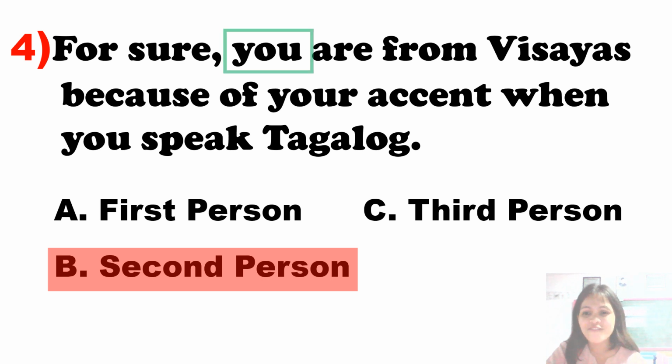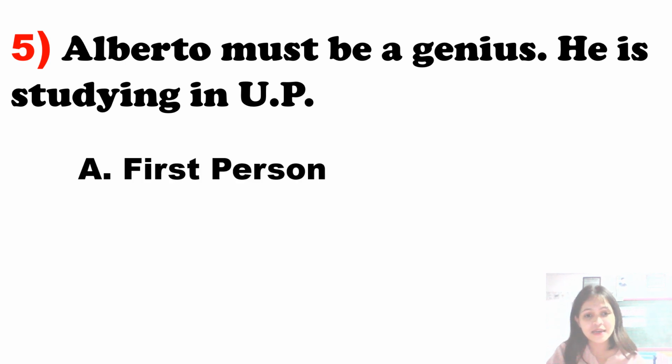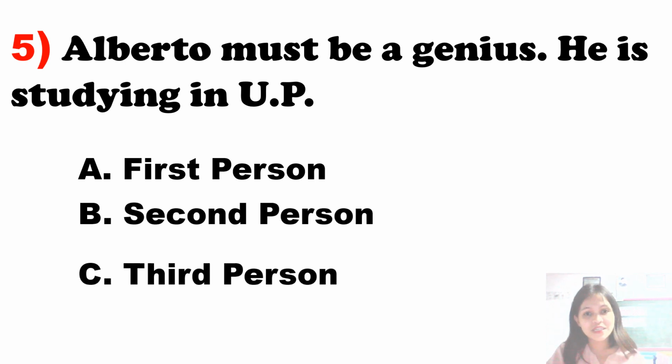Next, number 5. Alberto must be a genius. He is studying in University of the Philippines. A. First person point of view. B. Second person point of view. Letter C. Third person point of view.